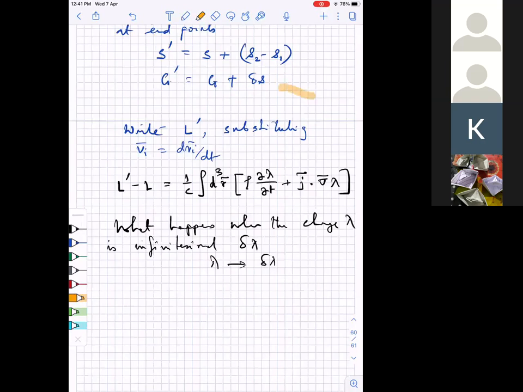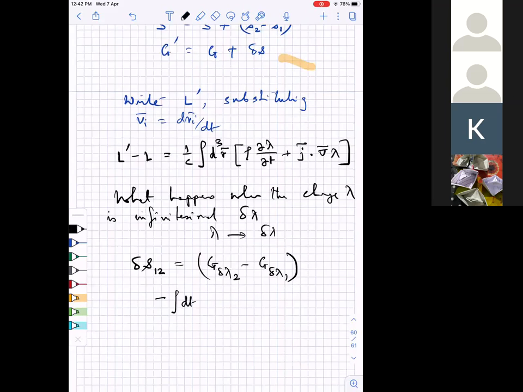So my delta S will be G delta lambda 2 minus G delta lambda 1, this total derivative term, minus, and this is something you have to work out a bit, the integral of dt dr_1 by c delta lambda del t plus. This is what your delta S will turn out to be.